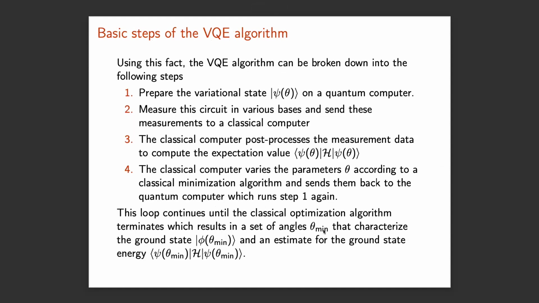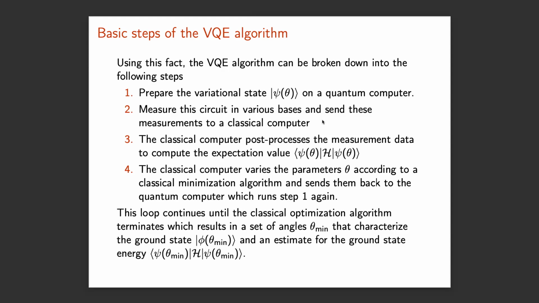So the basic steps which you need in the algorithm are, one, to prepare the variational state. And we are going to step through these elements. Then you measure the circuit in various bases. And this is the big problem. So why do we choose a specific basis for making the measurement? I will come back to why we do that, because that's an important technical issue in many quantum algorithms.